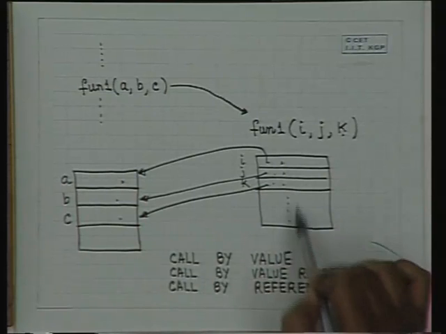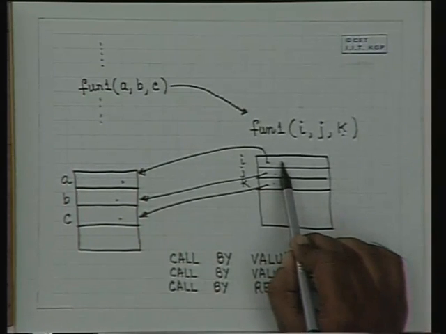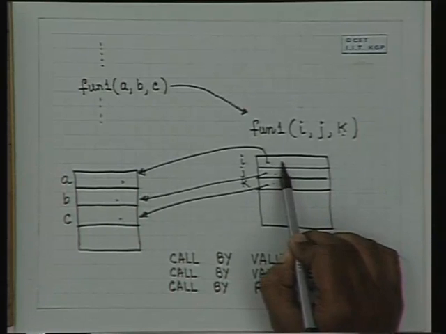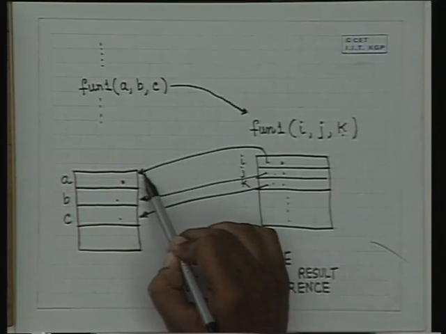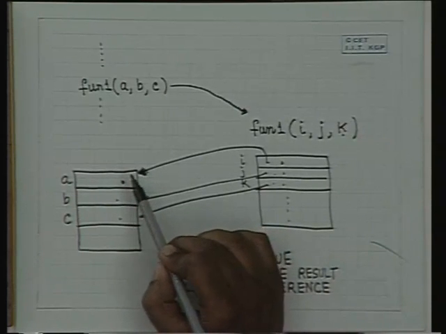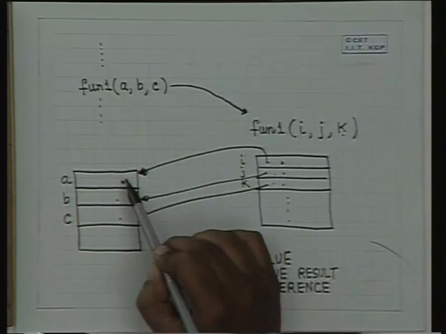And whatever you do here, whenever you update i here, this address is taken and this value is modified. The modification is done on the content of this address here.